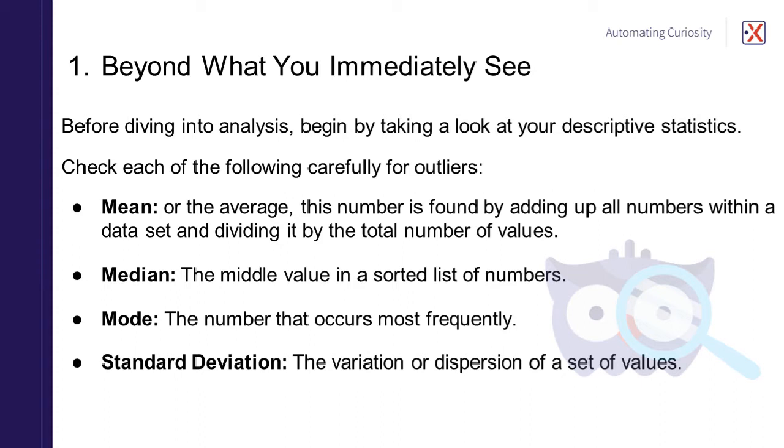But I really wanted to start with the first technique that I think is the simplest thing consumer insights researchers can do, but unfortunately, many times it is not done because we want to jump into the data analysis. And that has to do with looking beyond what you immediately see.